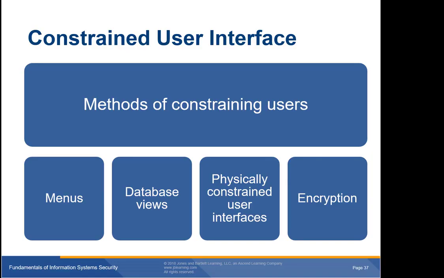First are menus. One way to keep users out of certain data is to simply not give them any idea that the data exists. When the user logs on, the menu that comes up does not include closed areas. Next are database views, also called view-based access control or VBAC. This approach is often used with relational databases. The database system creates a view for each user that limits the data that he or she is able to see.